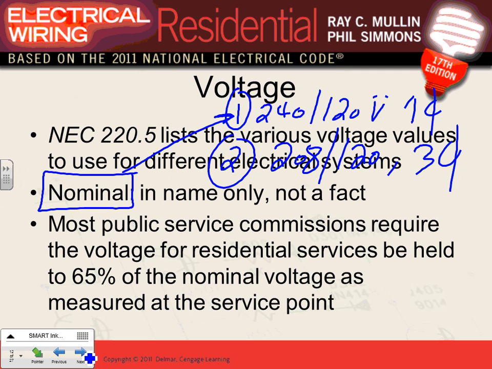That's another typical application where you're going to use nominal voltages for your systems. Any comments, guys, about these two voltages that we use for commercial and residential? 240/120 single phase or 208/120 three-phase. We call them nominal voltage because they're name only. They don't go up or down.